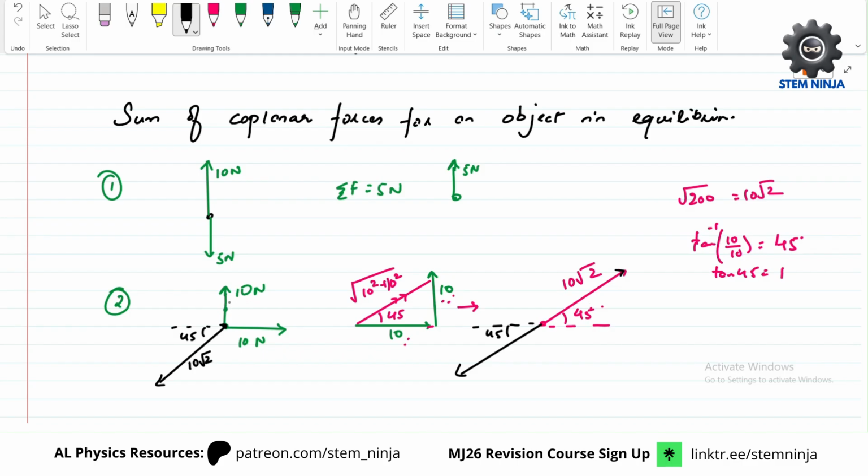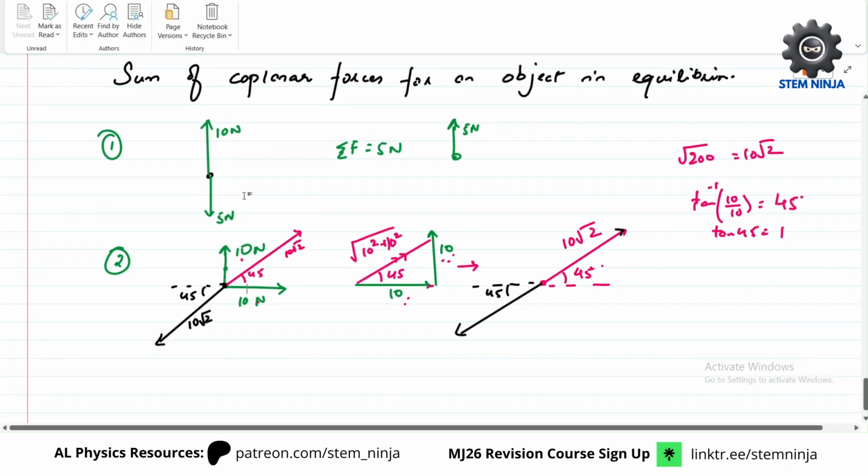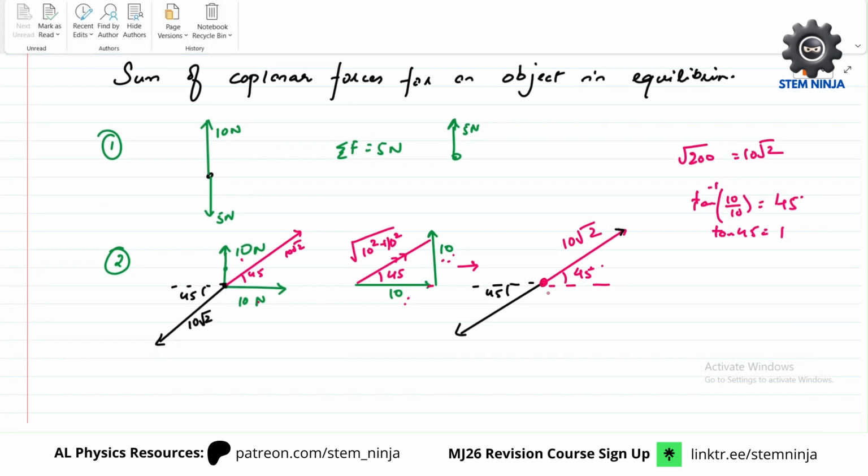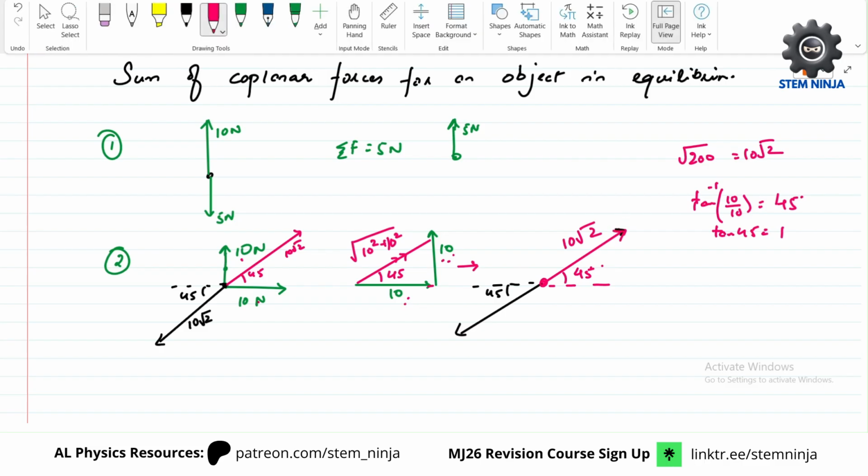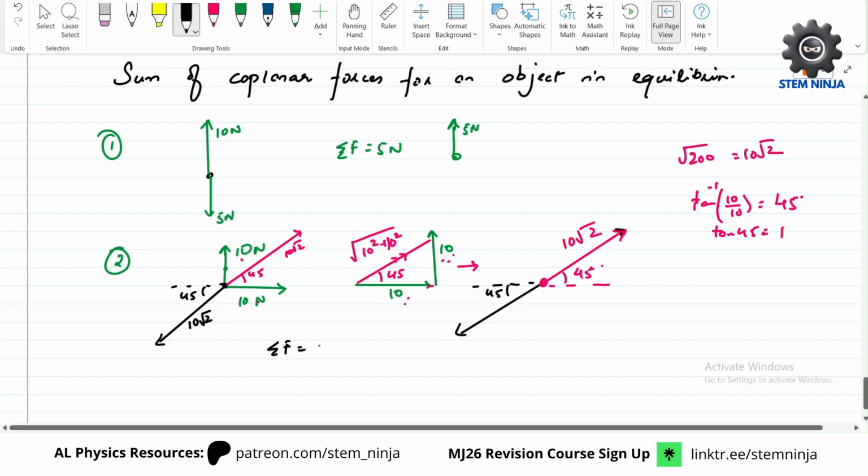So if the sum of forces for 10 and 10 Newton was 10 root 2 at 45 degrees, and we are providing another third force to counteract that, then since they now become parallel, collinear forces, we can add them to each other. So the sum of forces is now going to be equal to 0.